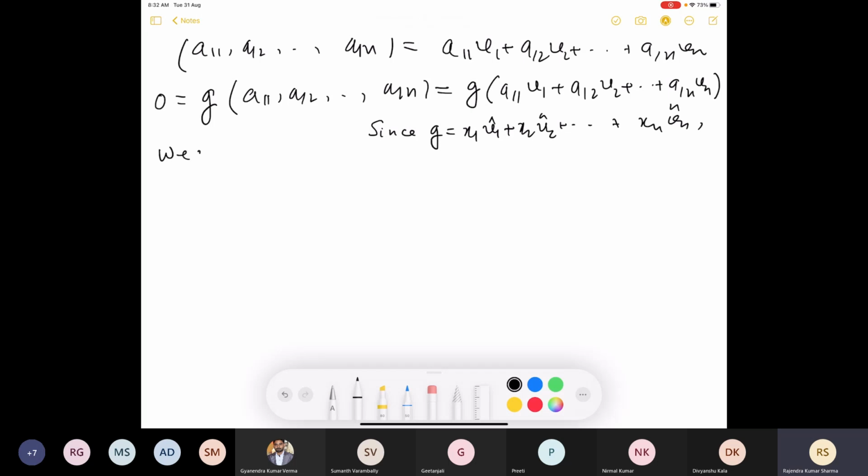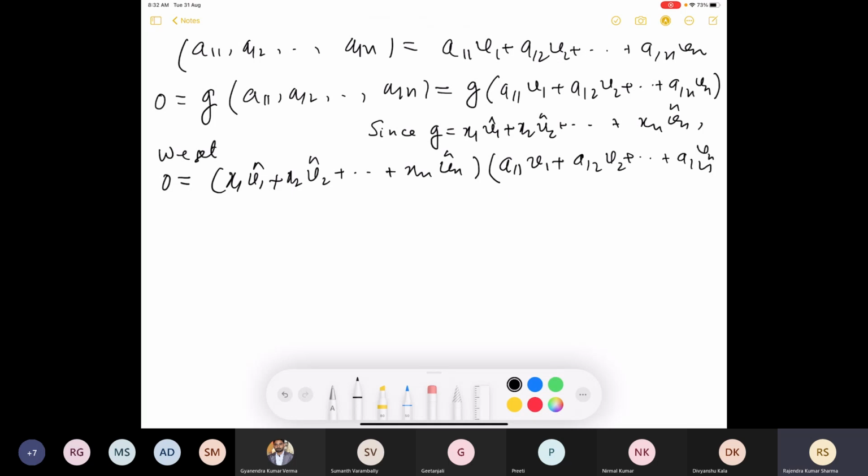So what we get as a result is that 0 equals x1 v1 hat plus x2 v2 hat plus ... plus xn vn hat, operating on a11 v1 plus a12 v2 plus ... plus a1n vn.